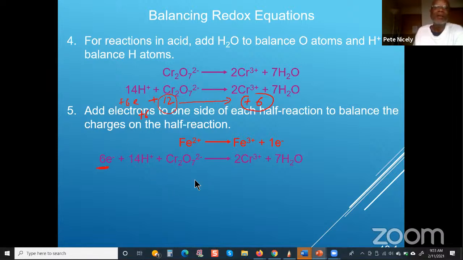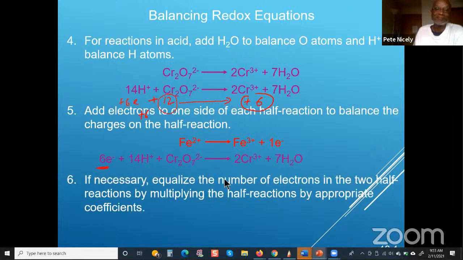And how do we do that? Well, if necessary, and it is necessary in this case, we make sure that the number of electrons are equal by multiplying the half equations by the appropriate coefficients. In this case, the appropriate coefficient would be 6.